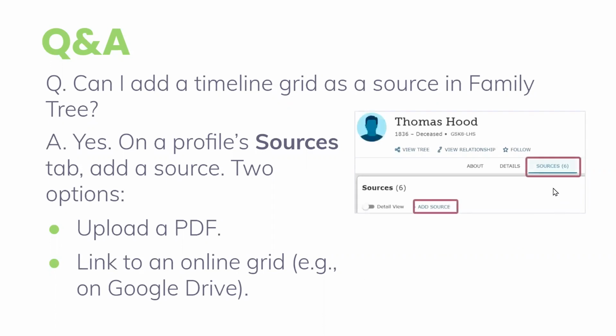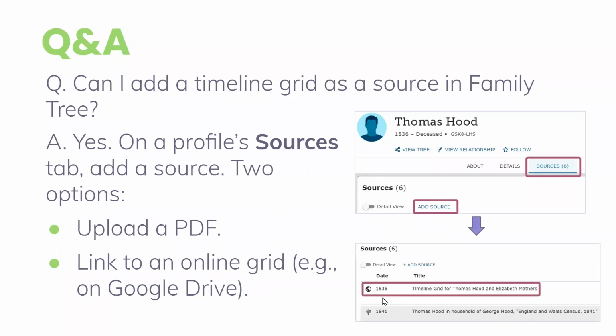So basically, here's a visual on that. You go to the sources tab and then you click add source, and then you can either upload, like I said, upload the file or add a link. And then when you do, the timeline grid shows up as a source, and I will generally date them to the birth date of the main person on the grid.